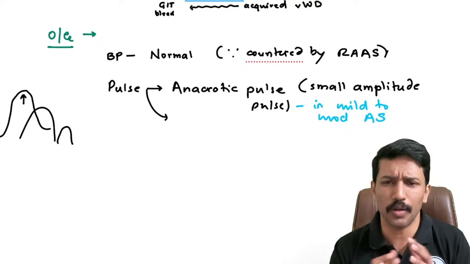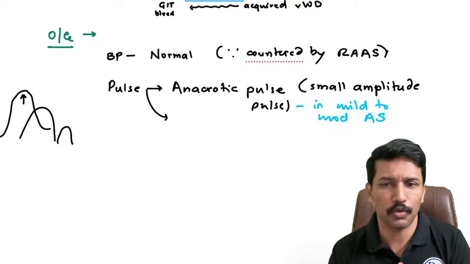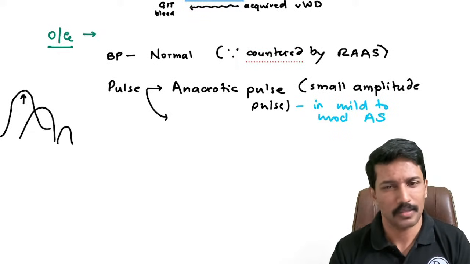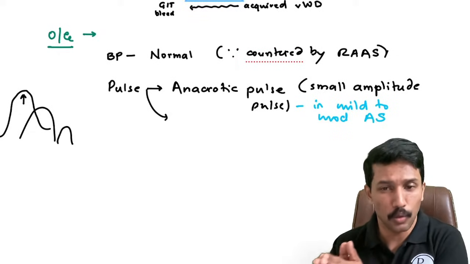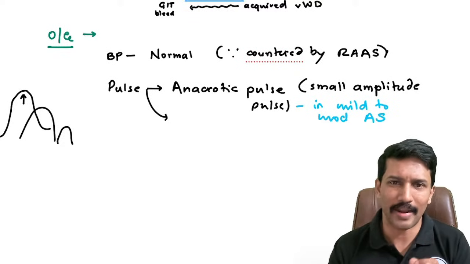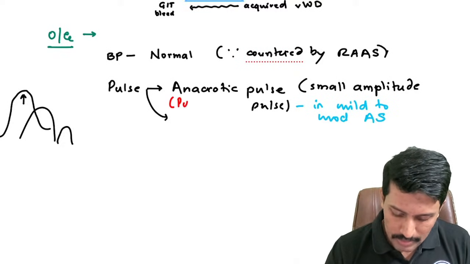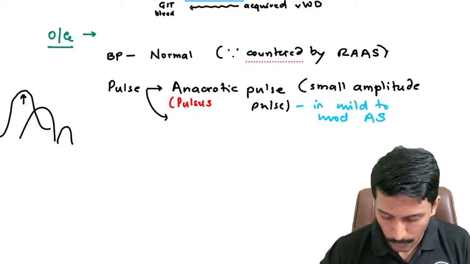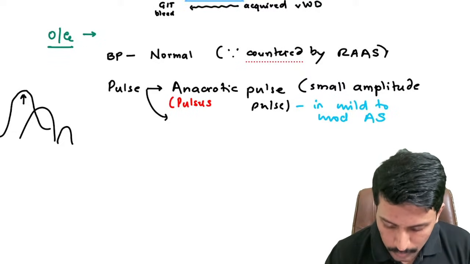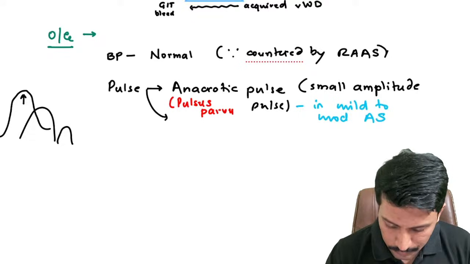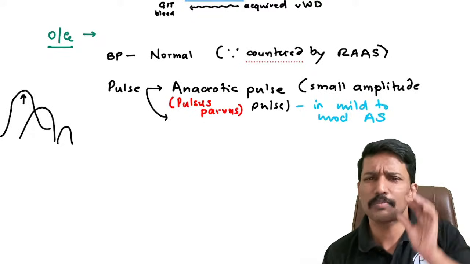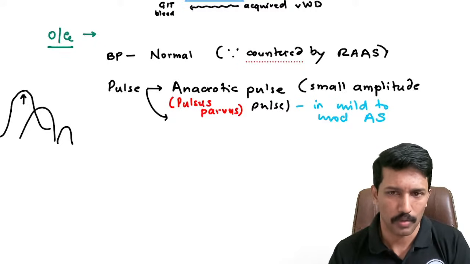Yes, the common day-to-day conversation for this small amplitude pulse is feeble pulse. The technical term is either you can call it anacrotic pulse or pulsus parvus. Parvus means small. Amplitude is small.